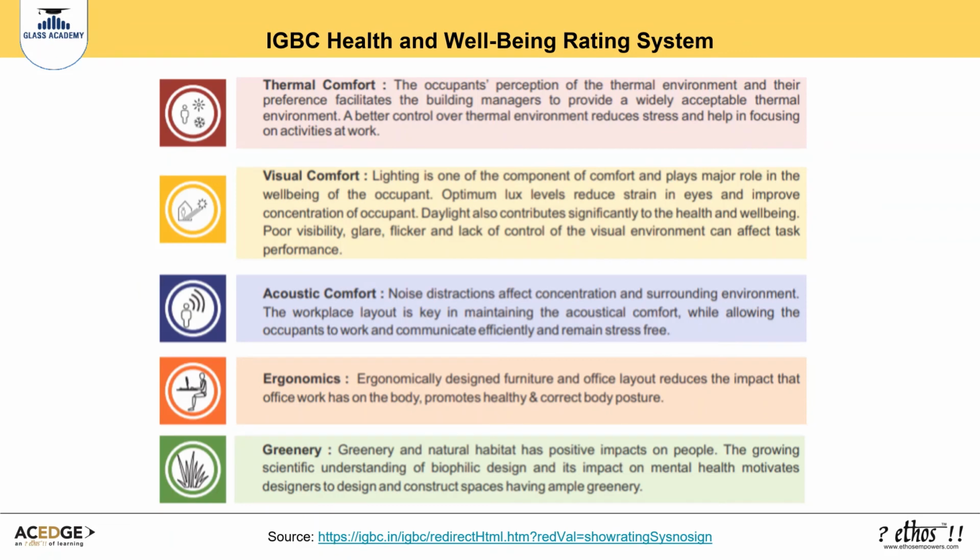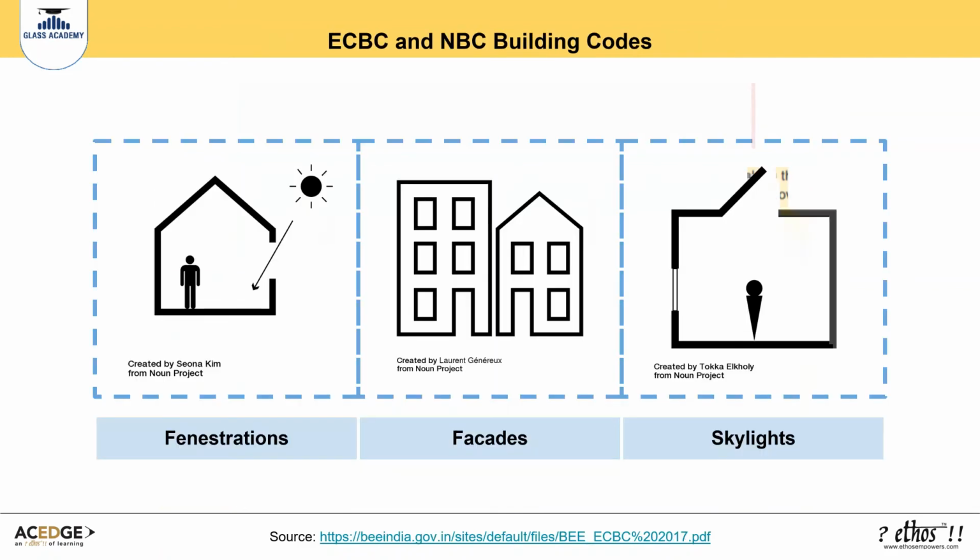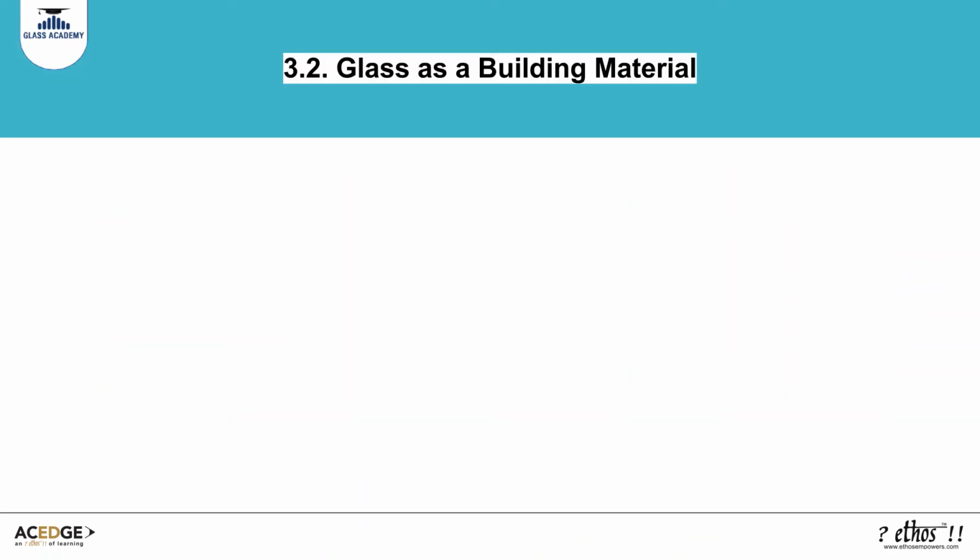The principles such as thermal comfort, visual comfort, acoustic comfort, ergonomics, and interior layout and greenery that are classified by the rating systems. Building codes like ECBC and NBC specify appropriate building orientation, building envelope design solutions that can be referred to during the process of design.